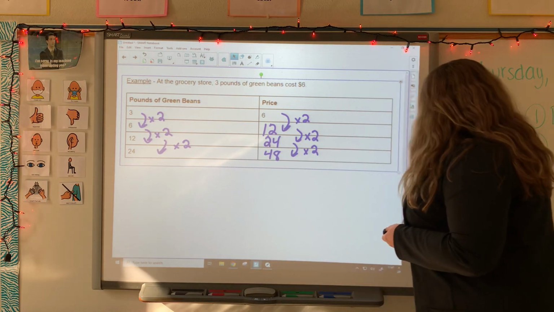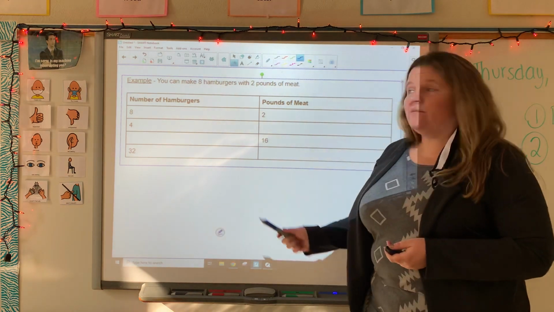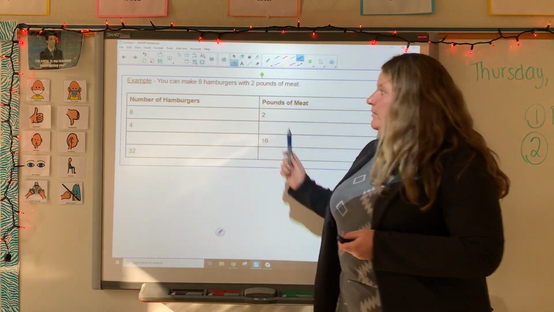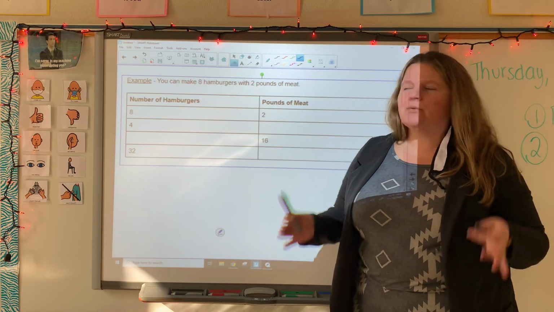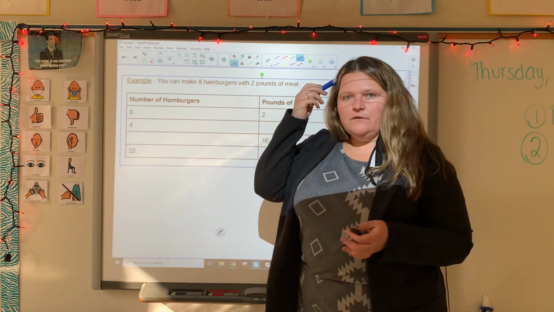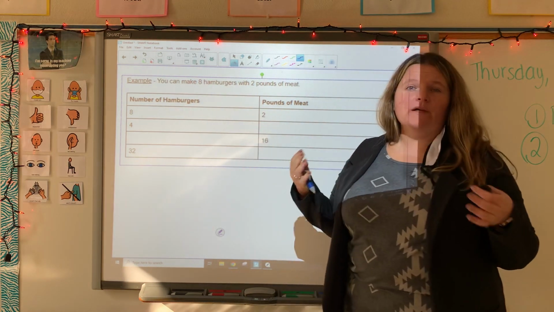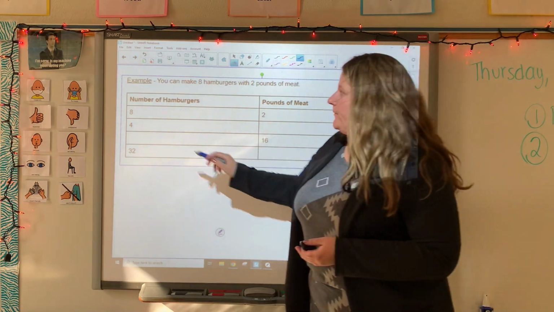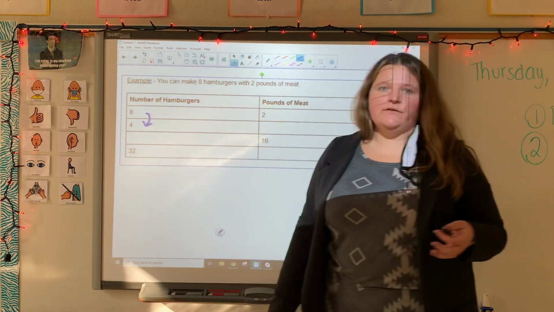And then the last one, sometimes it doesn't work all so nice and easy. So here we're gonna say you can make 8 hamburgers with 2 pounds of meat. And sometimes the cool thing about ratio tables is you can jump all over the place. So we're gonna have to do a little bit of thinking here. All right, 8 and 2 is my original ratio. So my first number is 4. How am I going from 8 to 4?